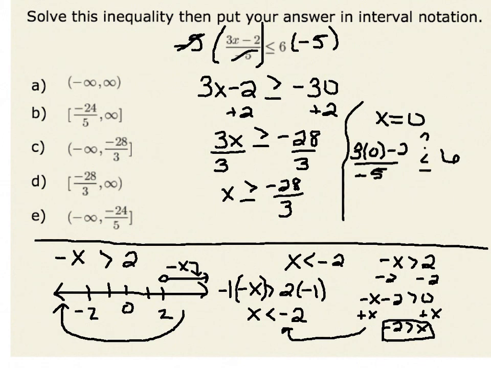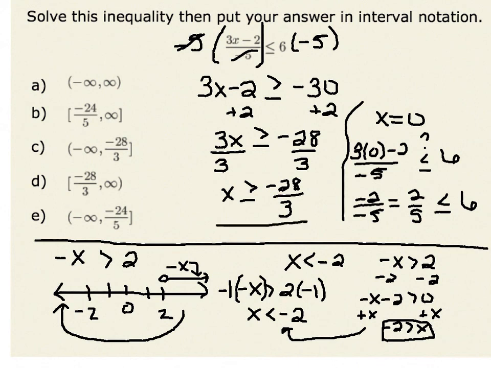Well, 3 times 0 is 0, so I am left with negative 2 divided by negative 5. Negative 2 divided by negative 5 is equal to a positive 2/5, and a positive 2/5 is definitely less than or equal to 6.